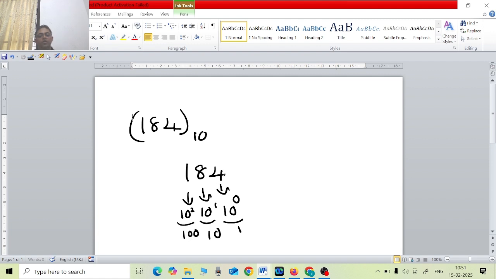So this position stands for ones, that is the 4 stands for ones, and 8 stands for tens, and the 1 here stands for 10 raised to 2, that is 100. That is why it is called 184. So the base, the positional weight, is 10. That is why it is known that the base is 10.